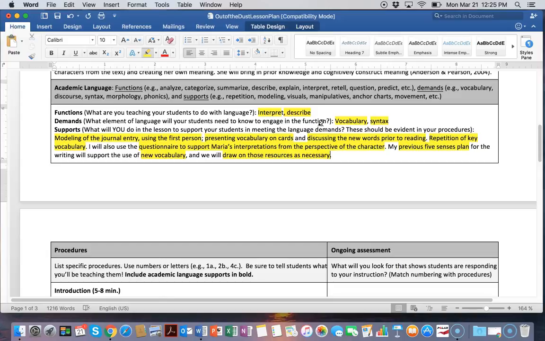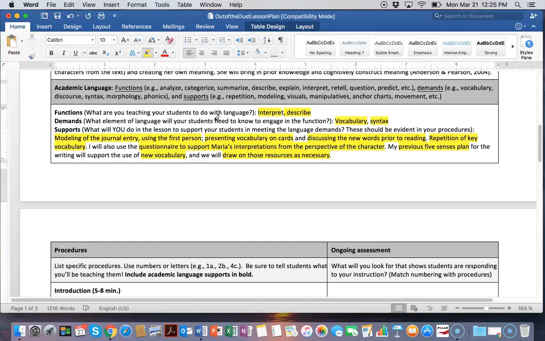So you can see that this tutor has done a lot more than just modeling or showing visuals. She's included in detail what she plans on doing in this plan to support her students' ability to learn new vocabulary and engage in the necessary syntax in order to interpret and describe in this plan.